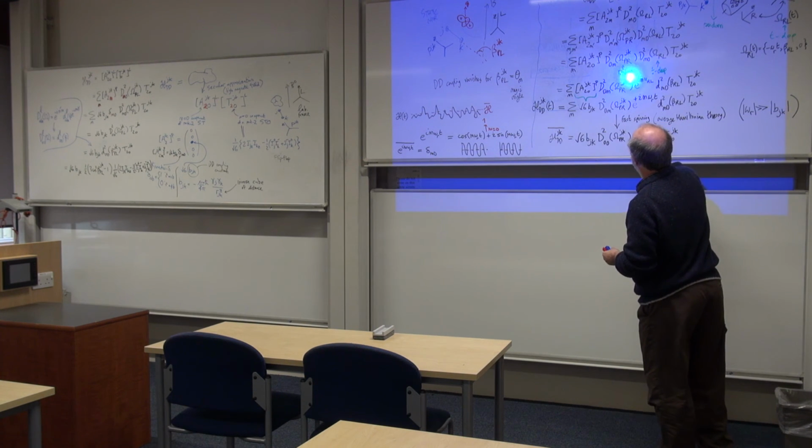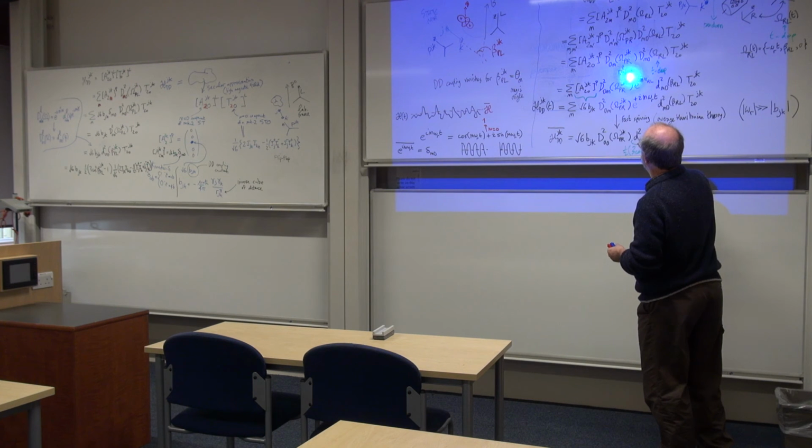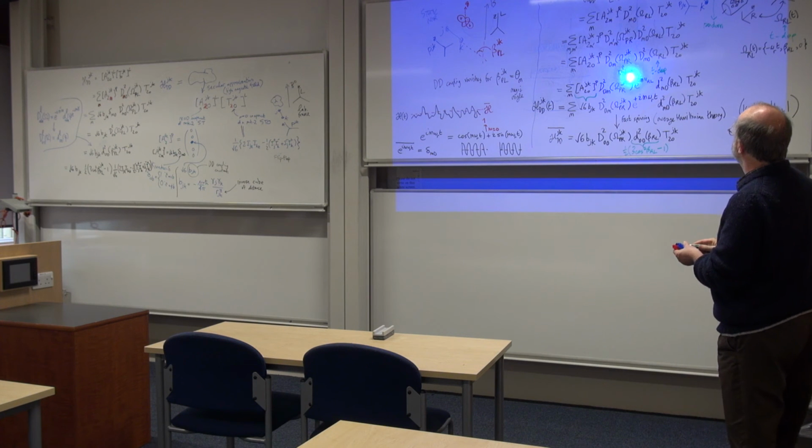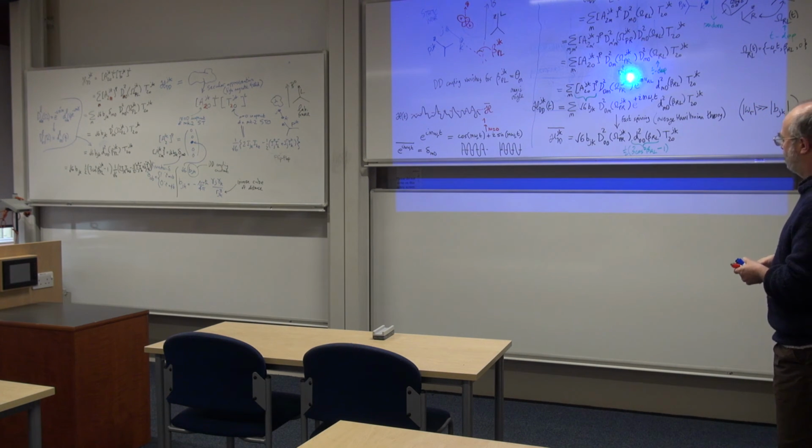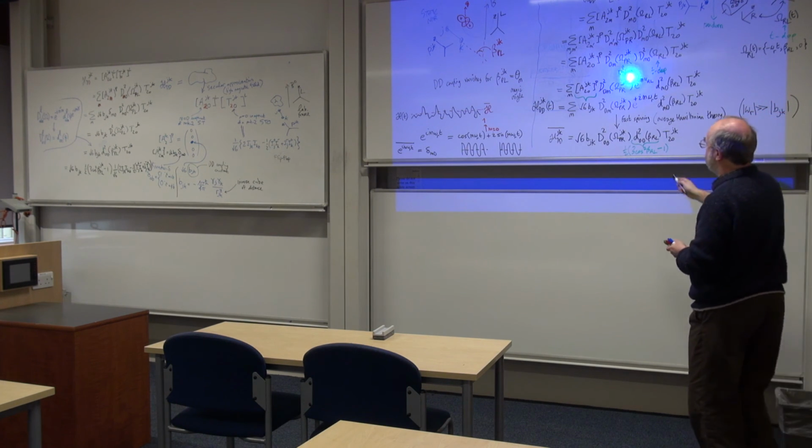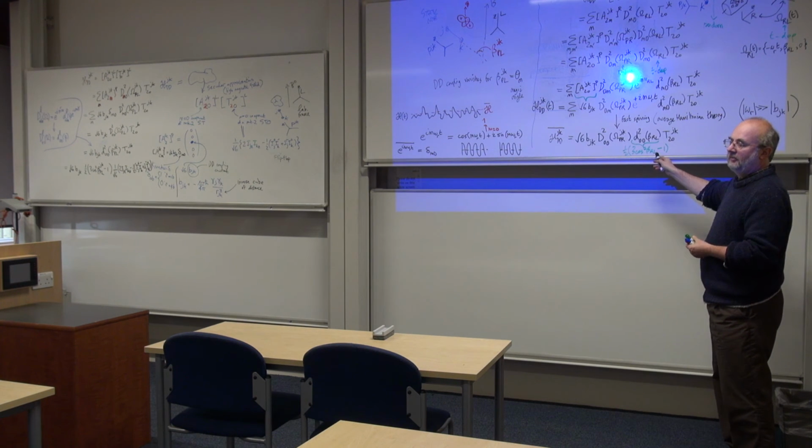And this again is a half of 3 cos squared beta_RL minus 1. This is the average, this is the magic angle, the angle between the rotor axis and the field.